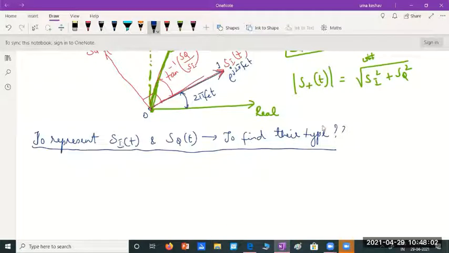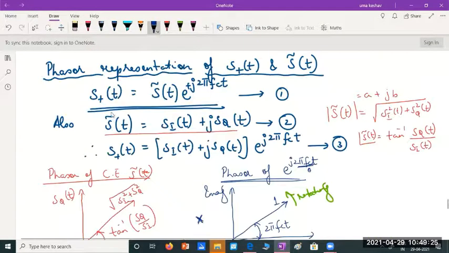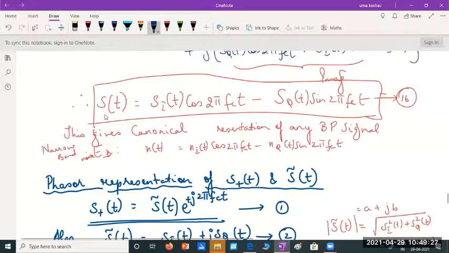We have said S envelope is what? Si plus j times Sq, yes or no? So we know this. So in order to find this, what was S of t? Si cos 2 pi fct minus Sq sin 2 pi fct. I'll directly take that. Okay.